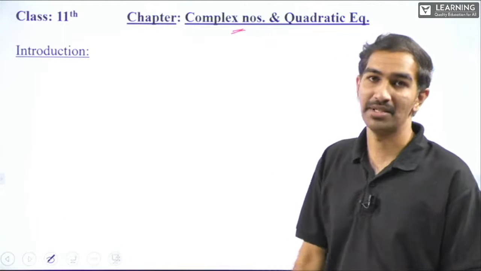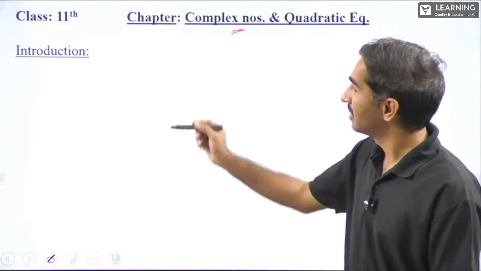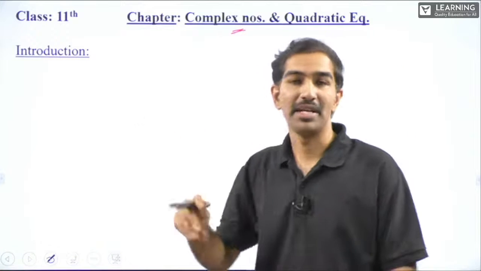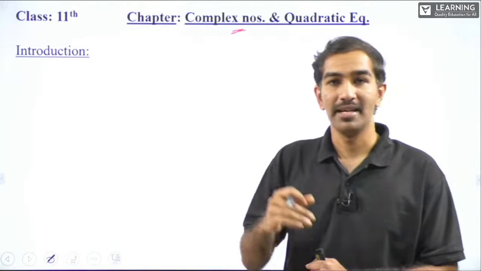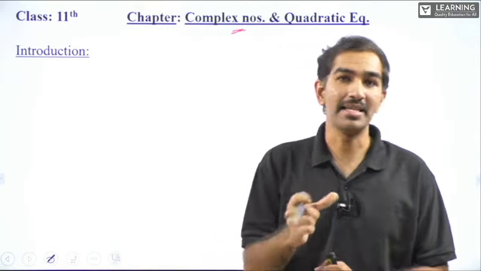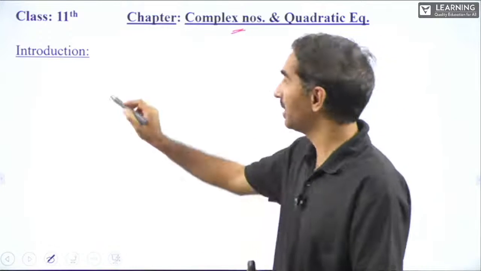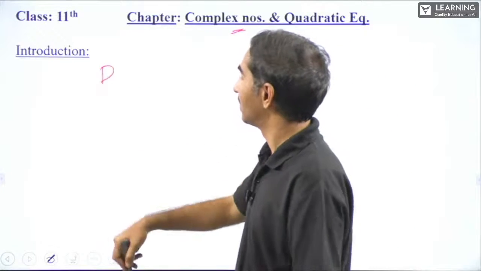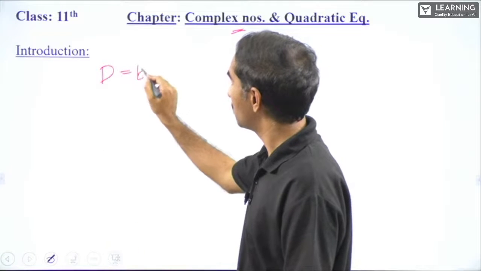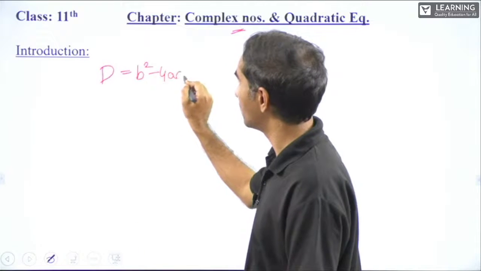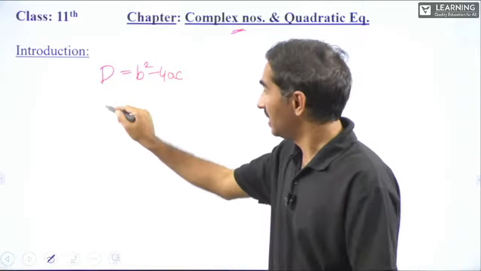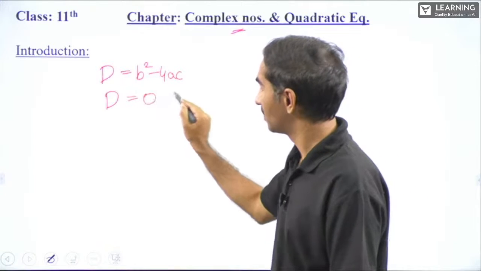Here we have the introduction first. Now students, in your class 10th, while we were solving quadratic equations, we had a term called discriminant, correct, which is denoted by capital D. And what is this capital D? B square minus 4AC, right? If D is equal to 0, how are the roots?